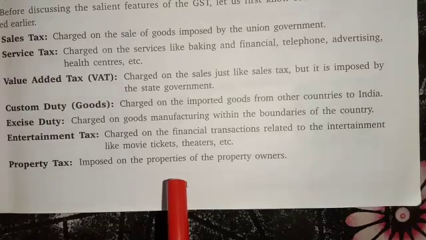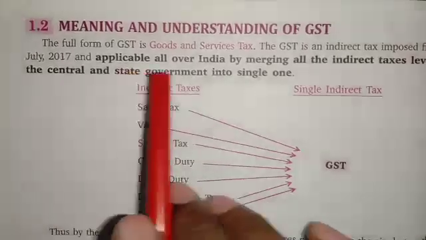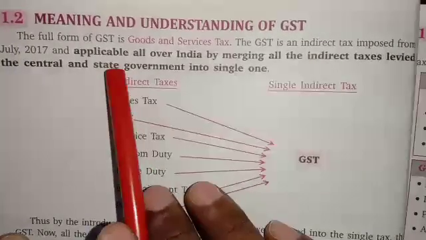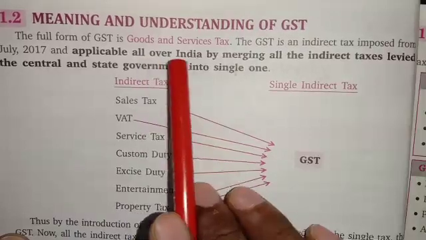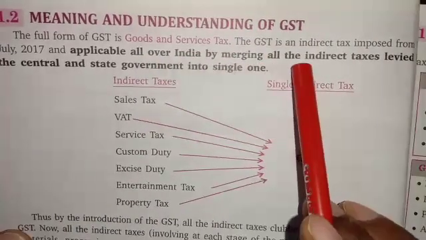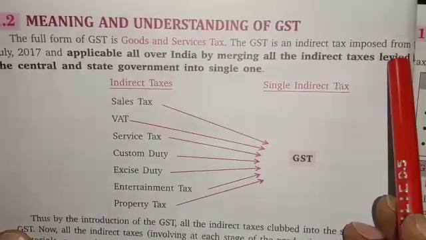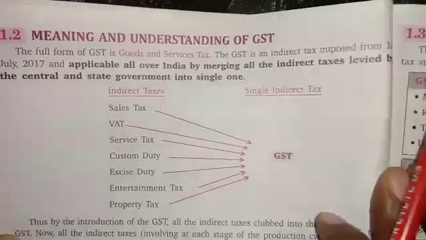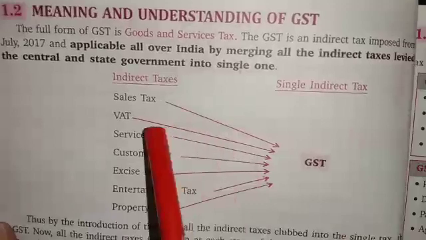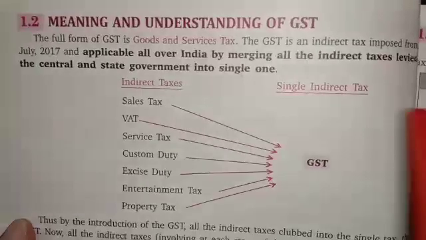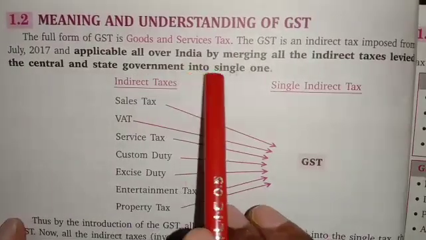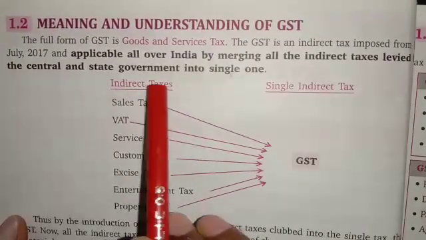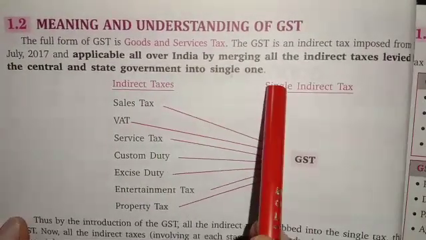Let us go next. Next, I am going to meaning and understanding of GST. The full form of GST is goods and service tax. The GST is an indirect tax imposed from 1st July 2017 and applicable all over India by merging all the indirect taxes levied by the central and the state government into a single one.